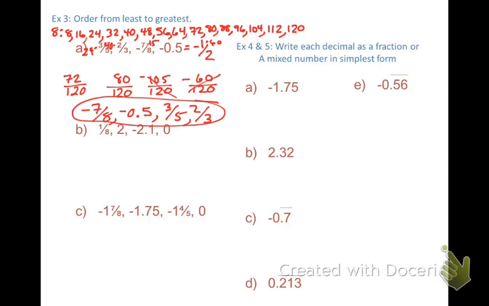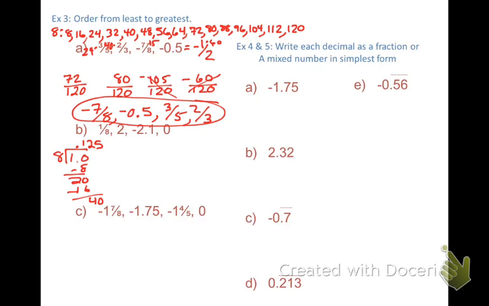All right, on B, mostly all decimals or whole numbers, so I'm going to find out what 1/8 would be. 8 goes into 10 1 time, then 8 goes into 20 2 times, and that would be 0.125.